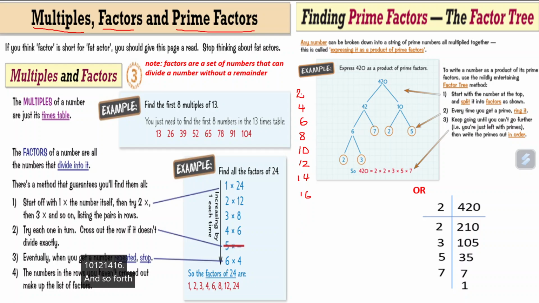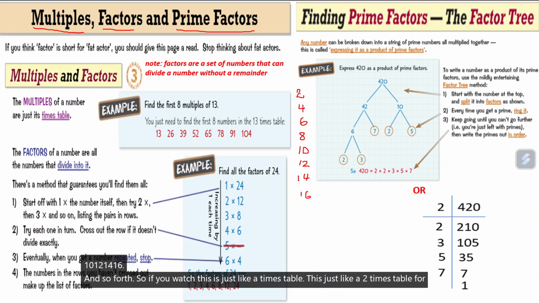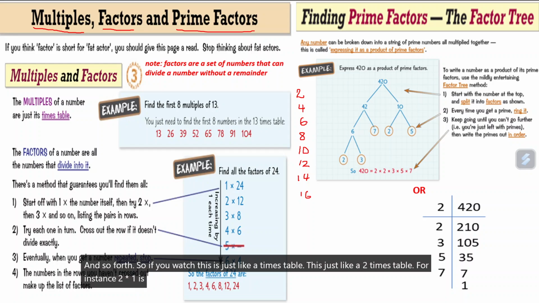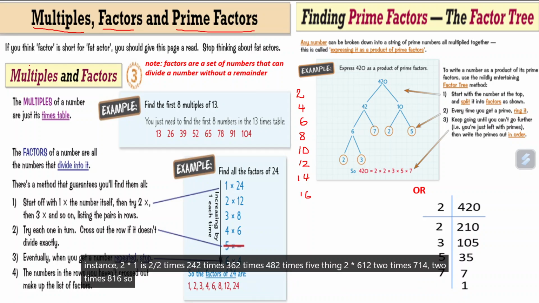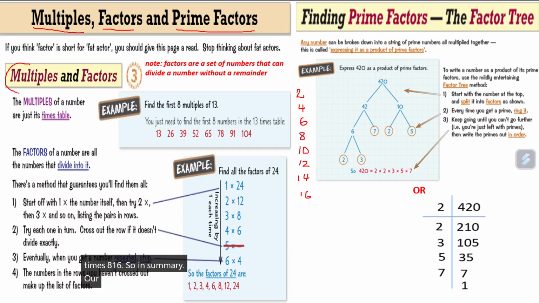This is just like the 2 times table: 2 times 1 is 2, 2 times 2 is 4, 2 times 3 is 6, 2 times 4 is 8, 2 times 5 is 10, 2 times 6 is 12, 2 times 7 is 14, 2 times 8 is 16. In summary, our multiples are like our times table.